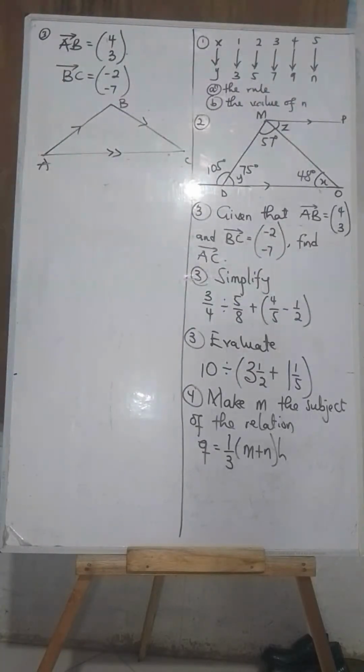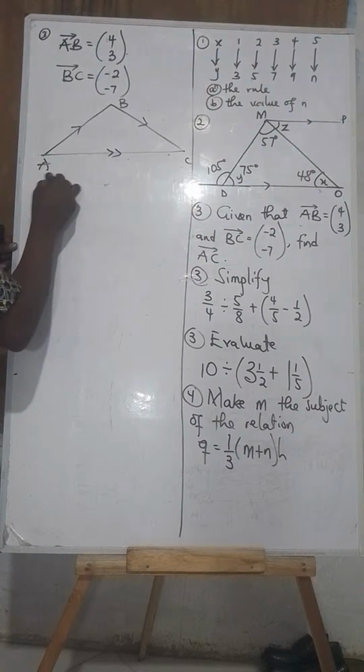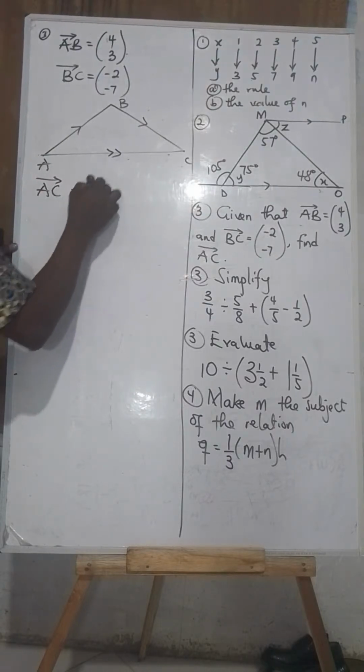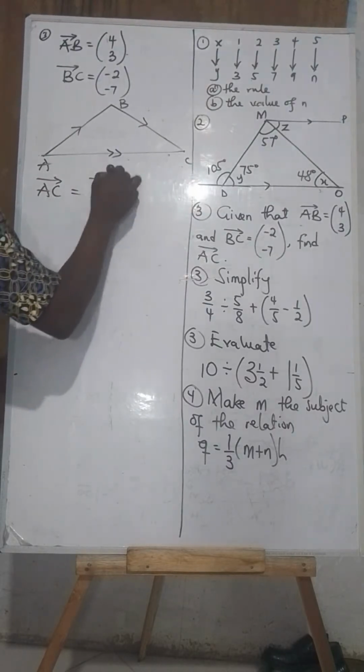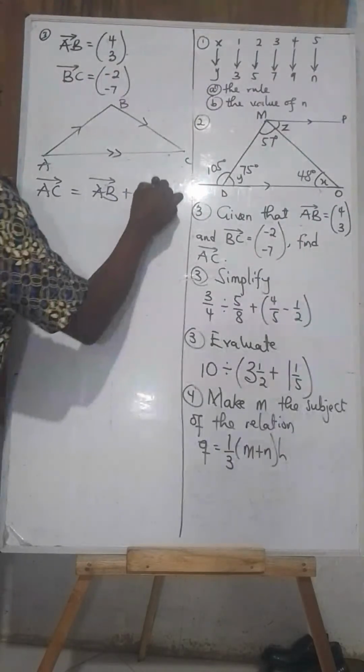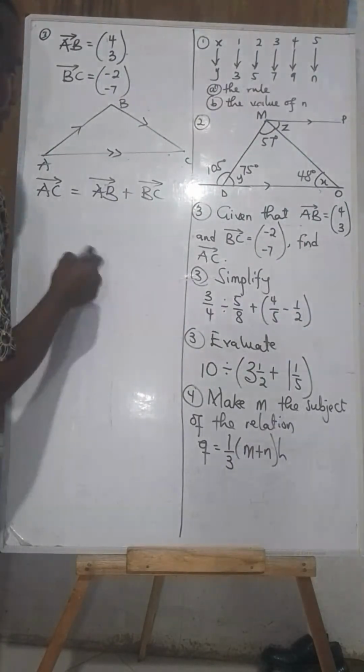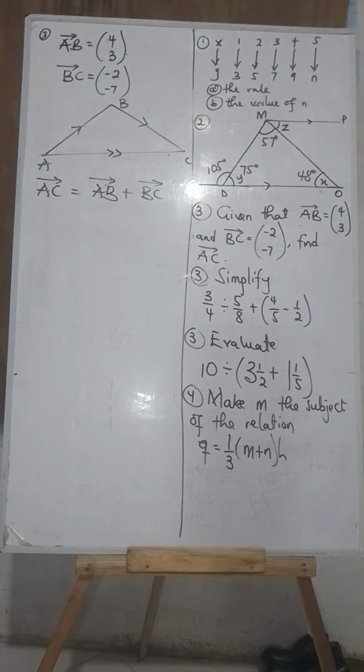Right. So your resultant vector will be AC. So AC equals AB plus BC. So this one shouldn't be a huge problem at all.